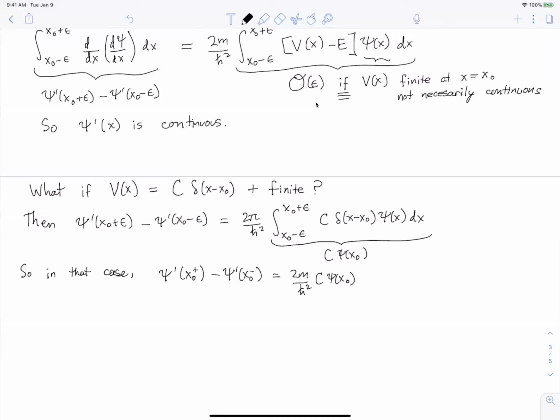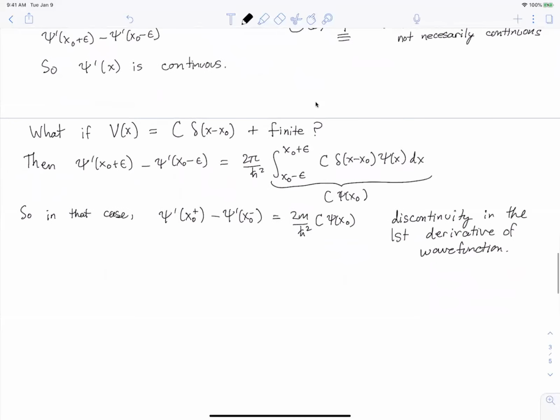It's the first derivative that has a discontinuity. So this is telling you the discontinuity in the first derivative of the wave function.